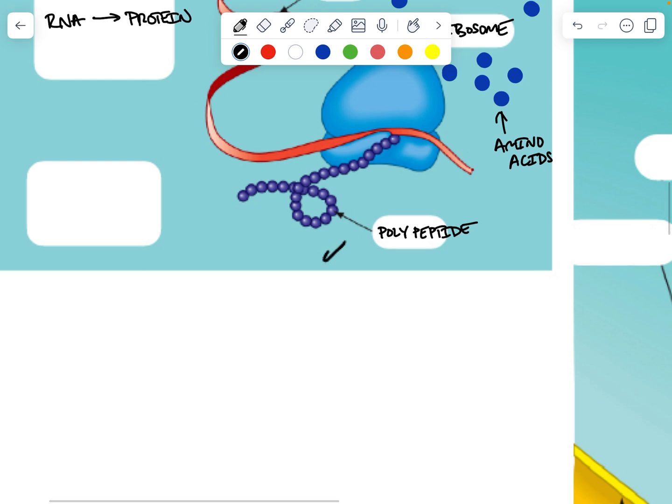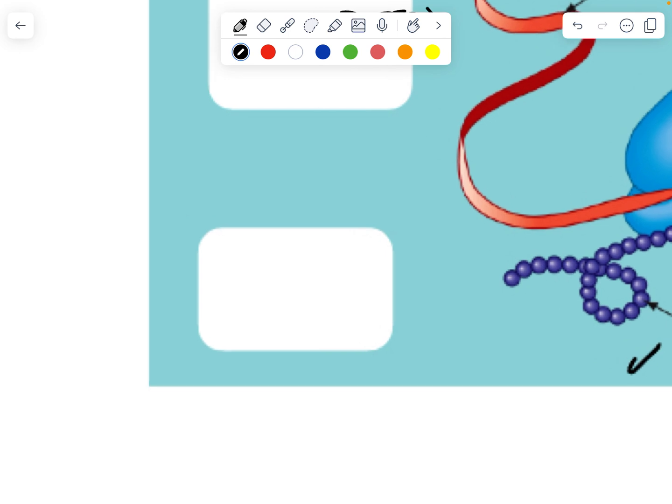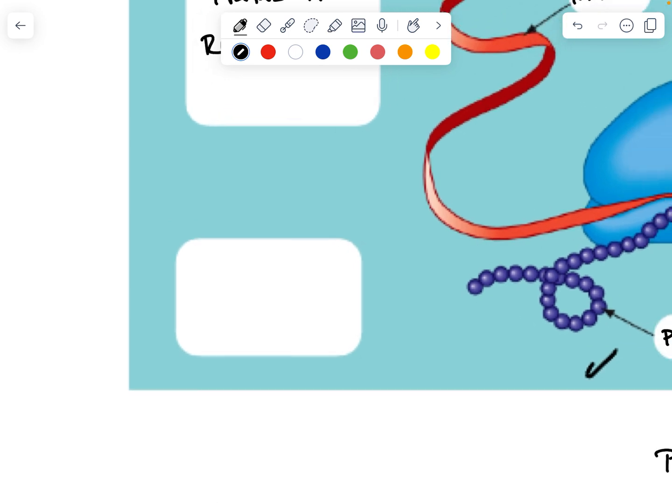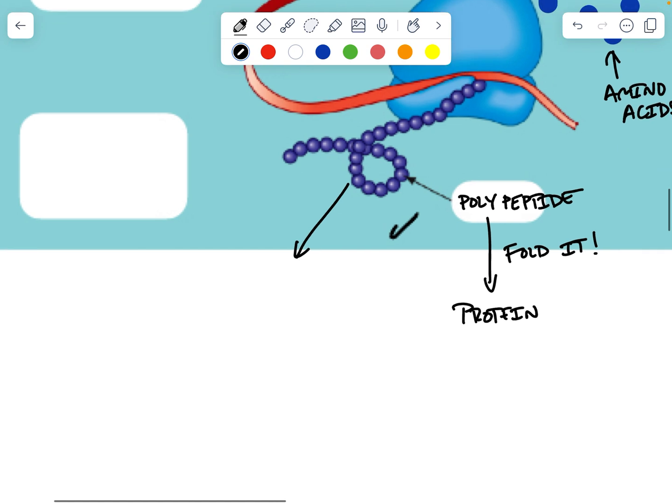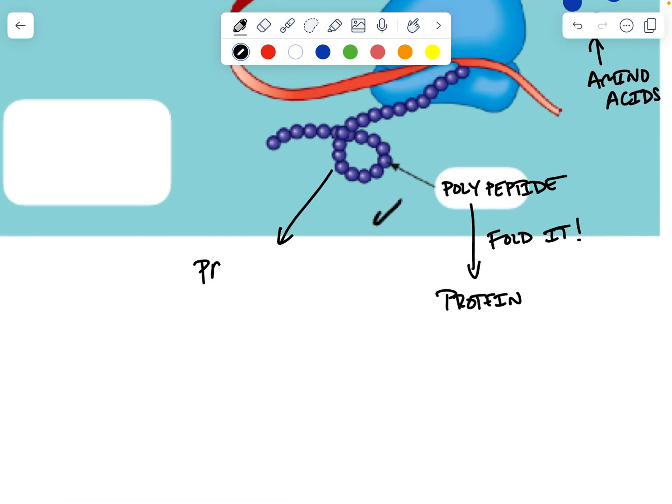In order for this polypeptide to become a protein, we have to fold it.